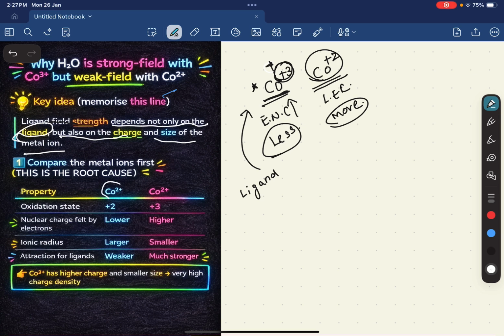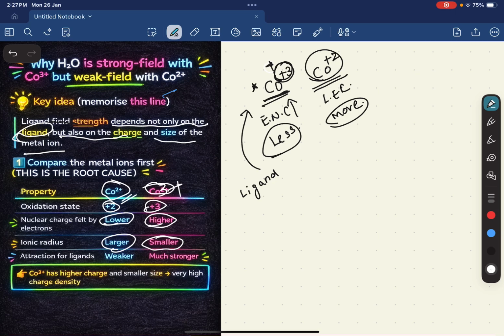So you can see the difference between Co3+ and Co2+. Oxidation state is +2 for this, +3 here. Effective nuclear charge is lower for this, higher for this. Because effective nuclear charge increases, size and ionic radii will decrease.